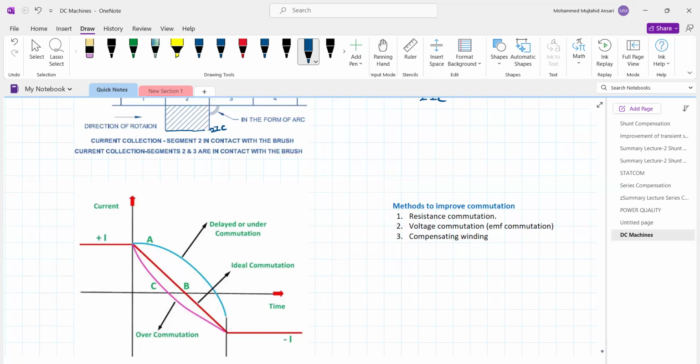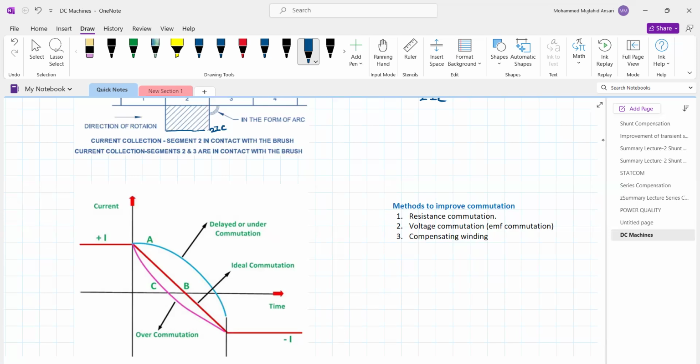Second is voltage commutation or EMF commutation. This also gives the best result if the same amount of EMF is induced in the opposite direction, or by injection of EMF. And the other is the compensating winding, which we have already covered.